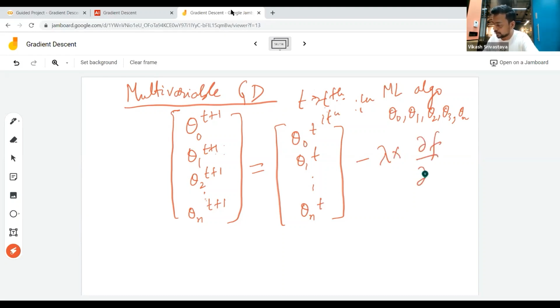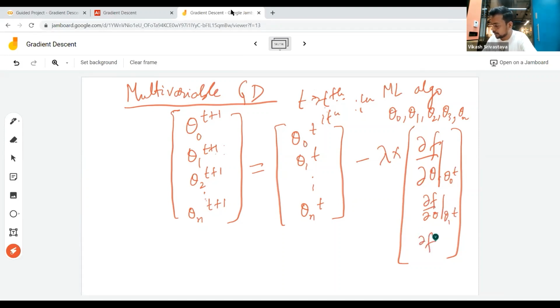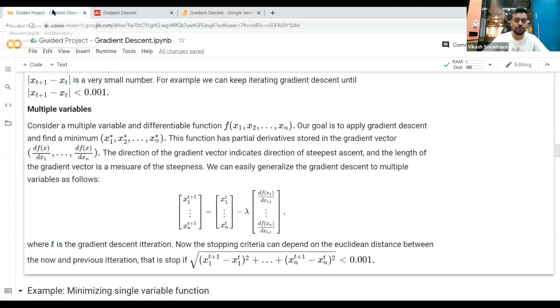Of course, this will again be a matrix, and lambda is a scalar multiplied to this matrix, so it will be multiplied to each of the terms. So this will be df d theta at theta naught t, df d theta at theta 1 t, up to df d theta at theta n t. So this is the update equation we have.